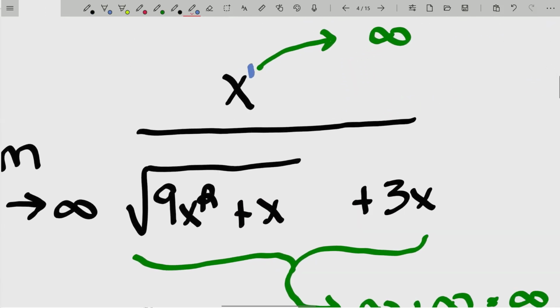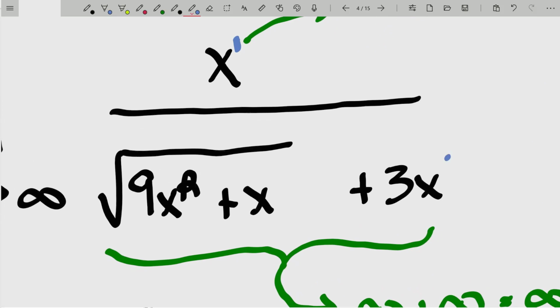Well, that's pretty easy. Looking at the denominator, that 3x on the back end is a power of 1. Looking at this first entire term, the largest power of x is not 2, because you're taking its square root. The square root of x squared is x to the first. It's not actually x to the first, but we're going to say it is. So the power on that is not 2. That's a power of 1 as well.